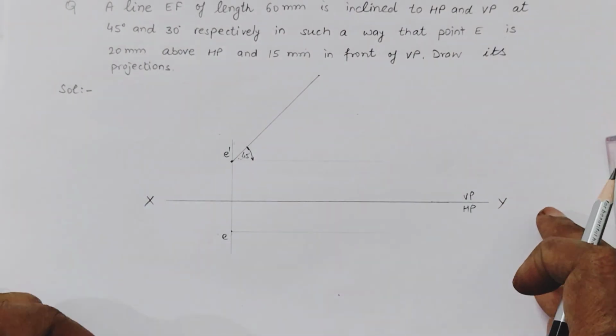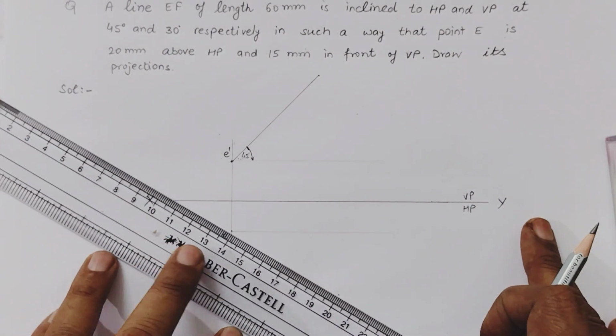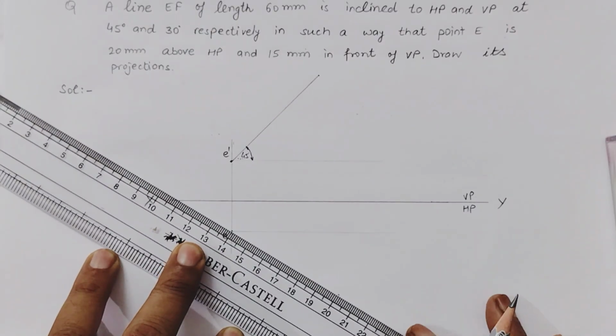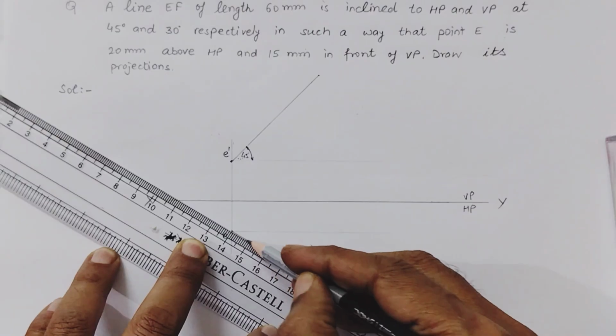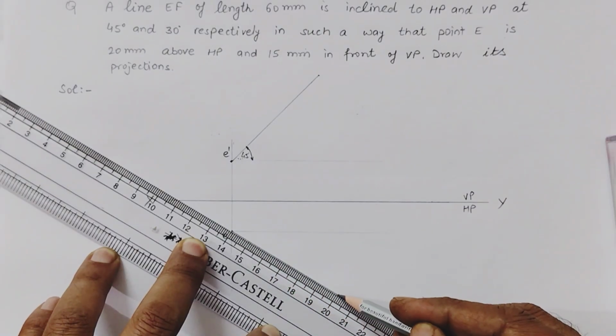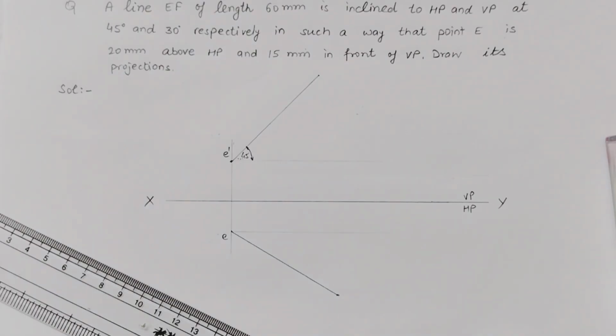Again cut distance equal to given length, that is 60 mm. So this is the point.